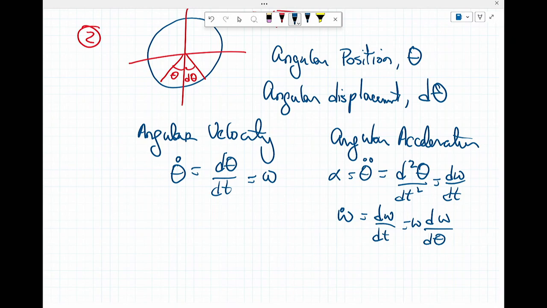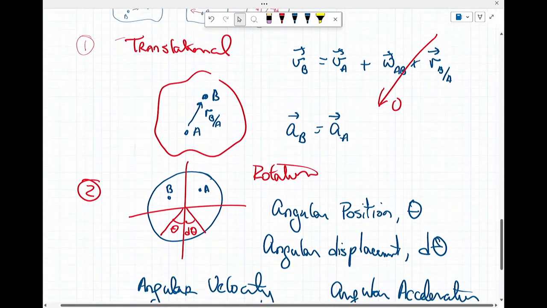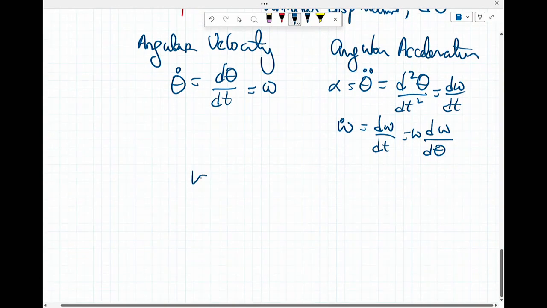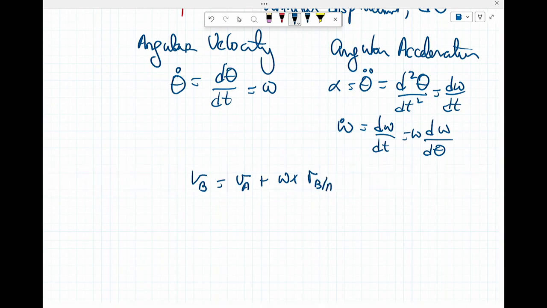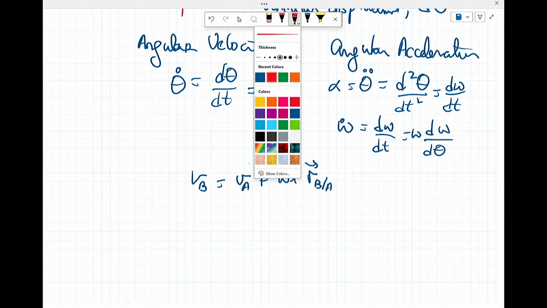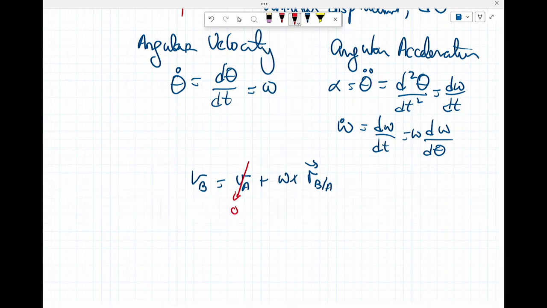Acceleration becomes more difficult. Now, the acceleration term that I had before, if I have, say, a point A and a point B on a rotating system, I can go back to this equation up here and just say VB equals VA plus omega cross RB with respect to A, and I'll end up just getting rid of that term because there's no linear translation.